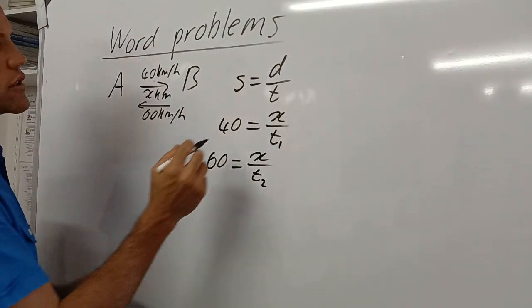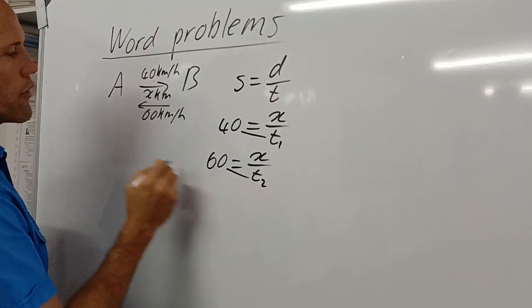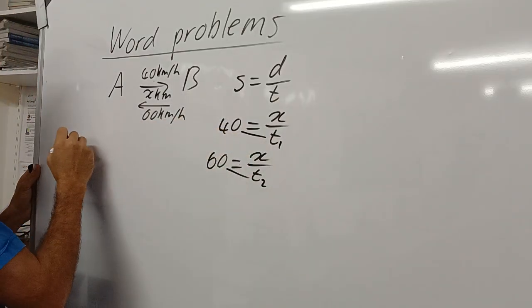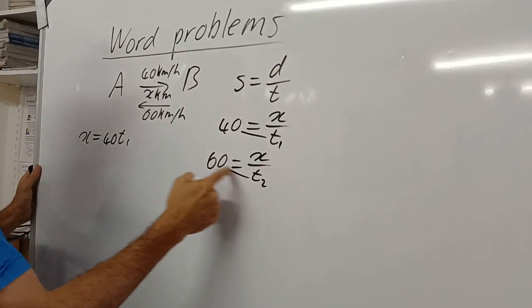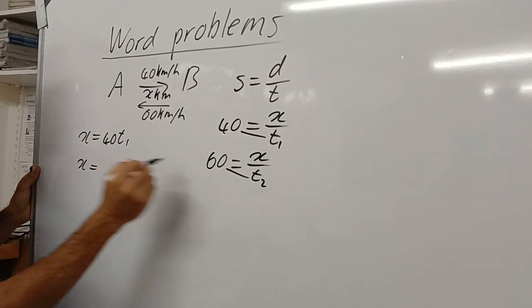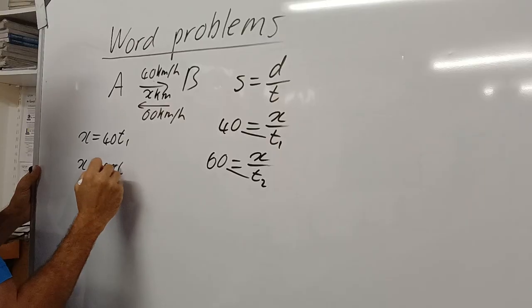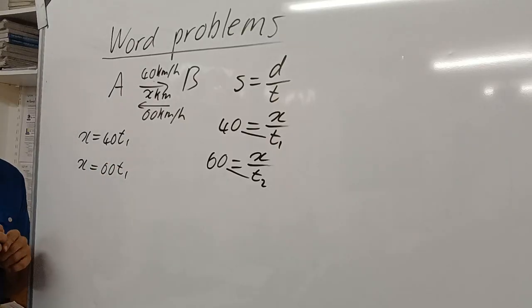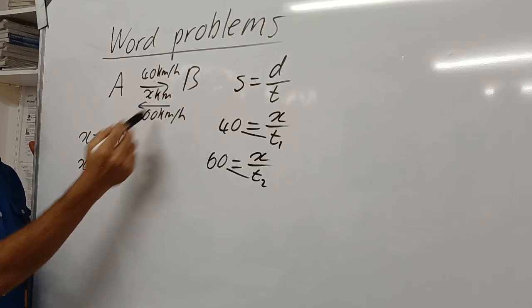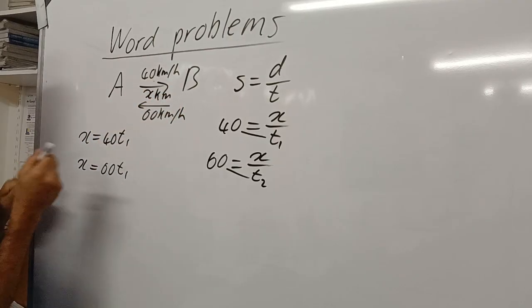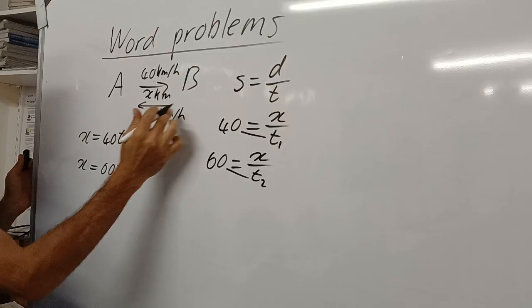If you cross multiply for both of them, we get x equal to 40 times T1, and for this one, x equal to 60 times T2. We just cross multiply them. So we have time 1 going there, and time 2 when you go back, which is different.